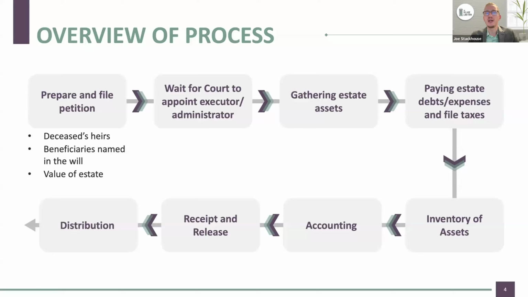We'll need the names of all the closest living family members of the person who passed away. We'll need the names and contact information for anybody listed in the will as a beneficiary. And we'll also need to include the value of the estate. That's how the court determines how much to charge you.